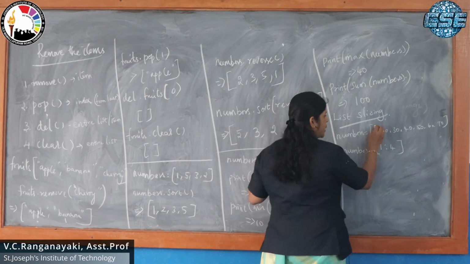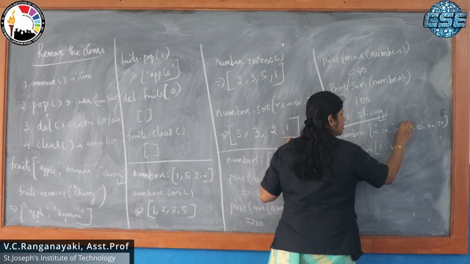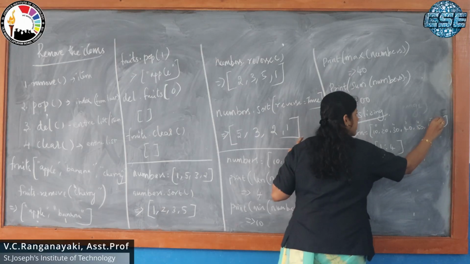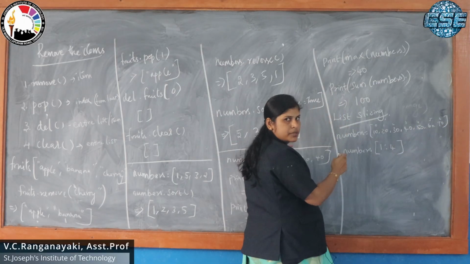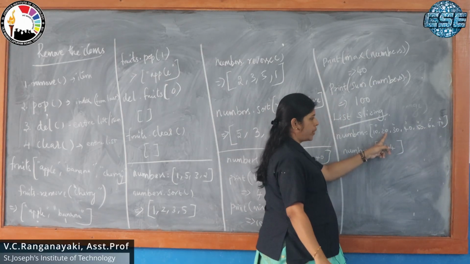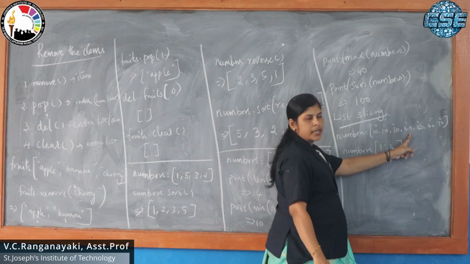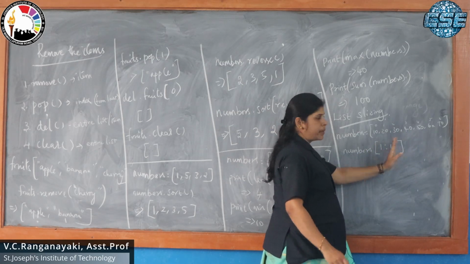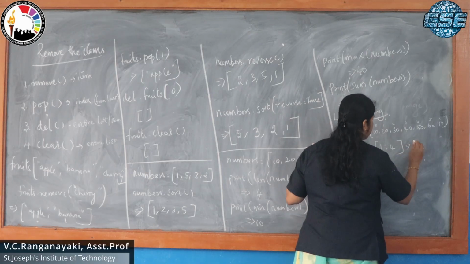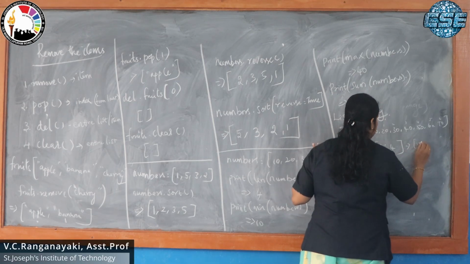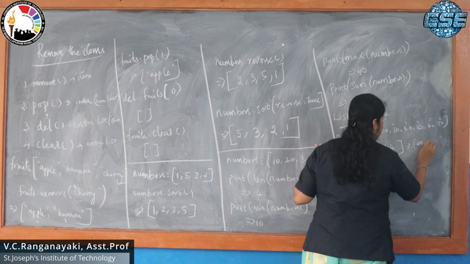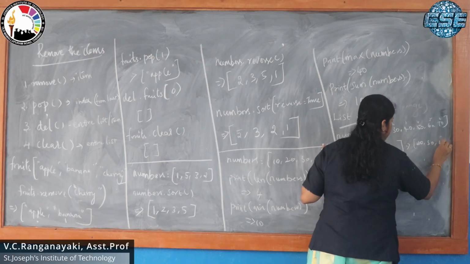Right, indexes 0, 1, 2, 3, 4, 5, 6. These many items, right? So first is 20, 30, 40, because slicing stops before the number. The output will be 20, 30, 40.